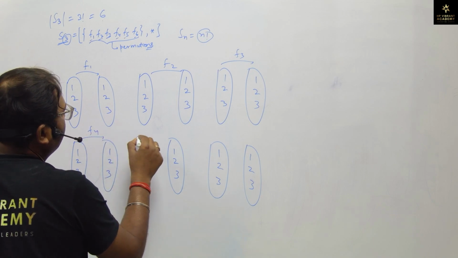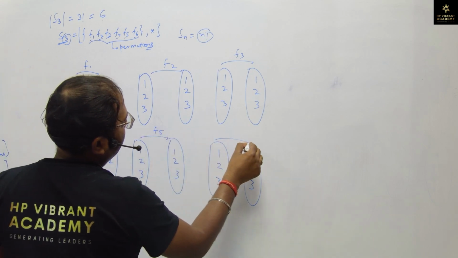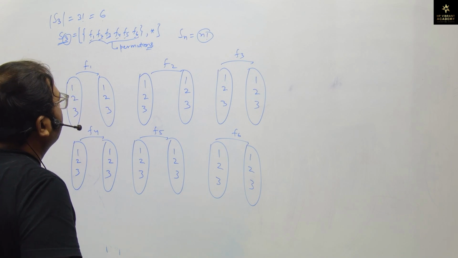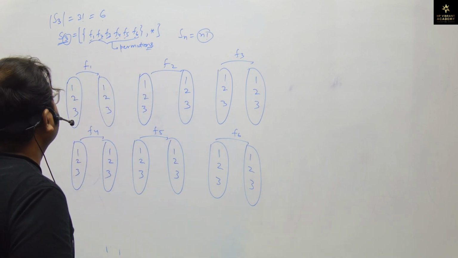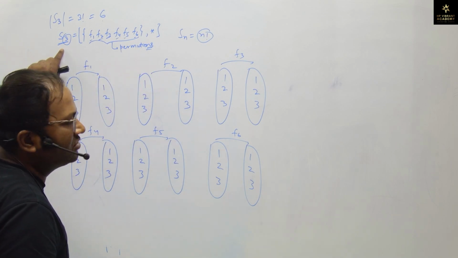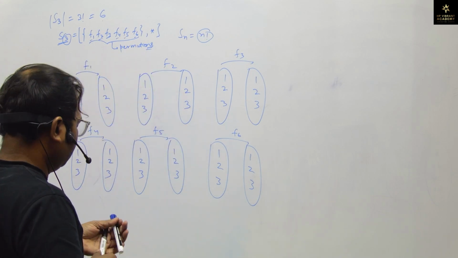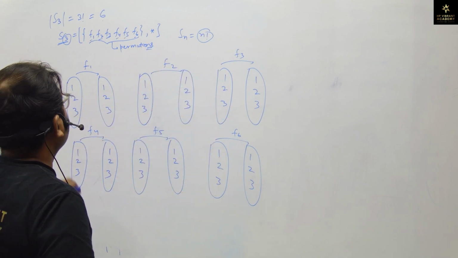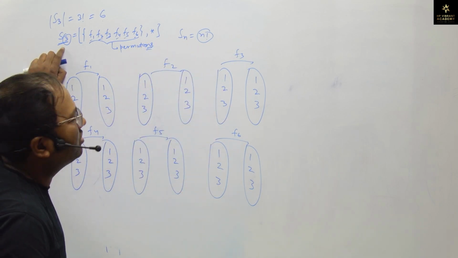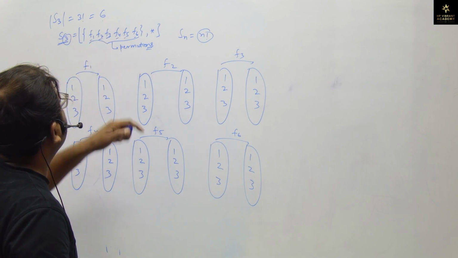This is F4, this is F5, this is F6. Okay, so group S3 contains all these bijections. Let us find the bijections. So we have 6 bijections, because 3 factorial is equal to 6.